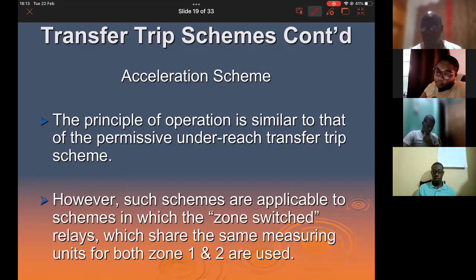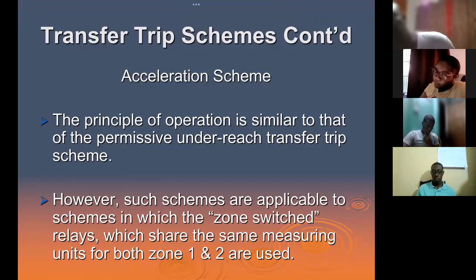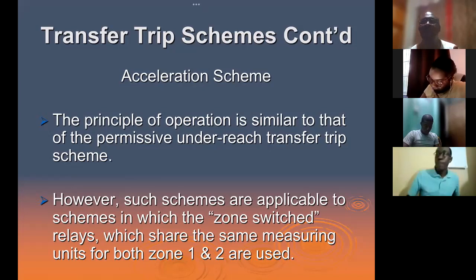So in terms of its operation, it is similar to the permissive underreach, but it utilizes a special type of relay. I suppose the utility, again, from a policy position, will determine when they utilize this. The drawback, however, is that because it is using the range change and switching between zone 1 and 2 on the same measuring unit, the acceleration scheme is going to be slightly slower.